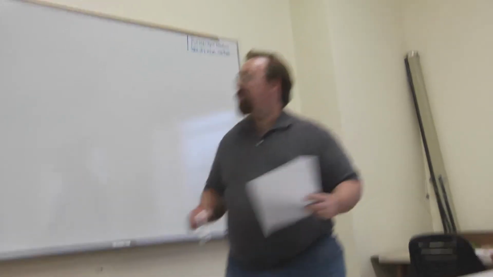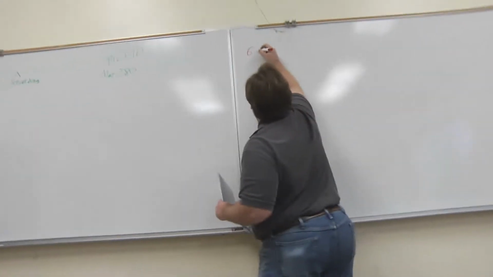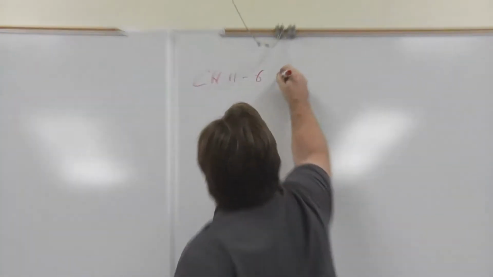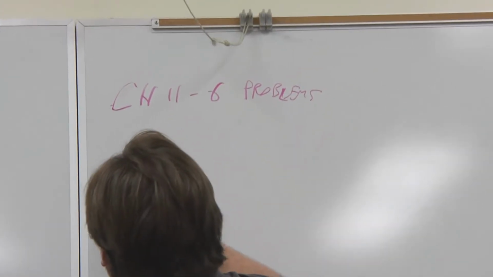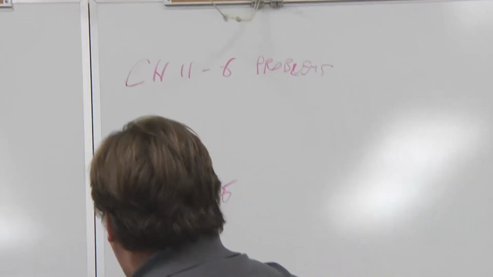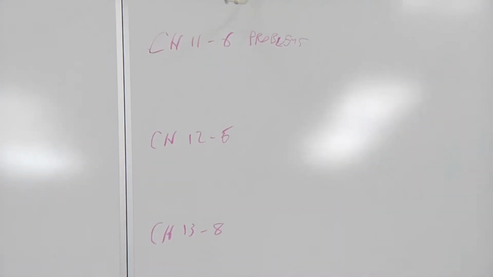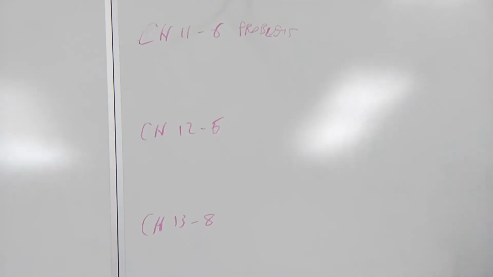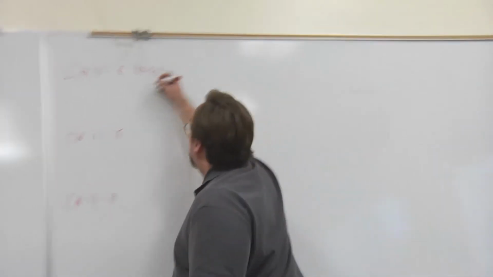So the coverage will be 6 problems on chapter 11, which is on differentiation, 6 on chapter 12, and 8 on chapter 13. So real quick, I'm going to indicate what types of problems there are, and then we're going to go through some. We'll see how long it takes.